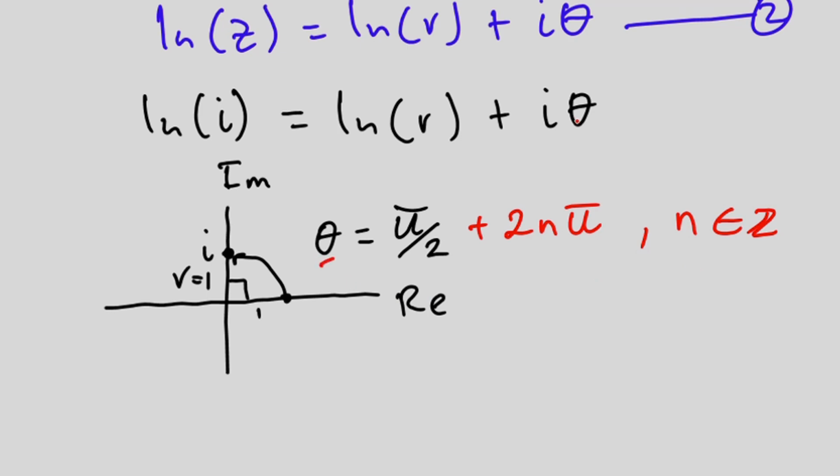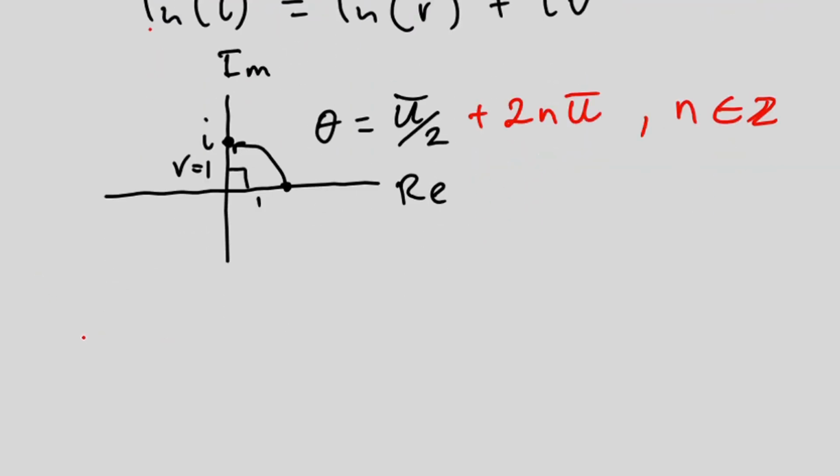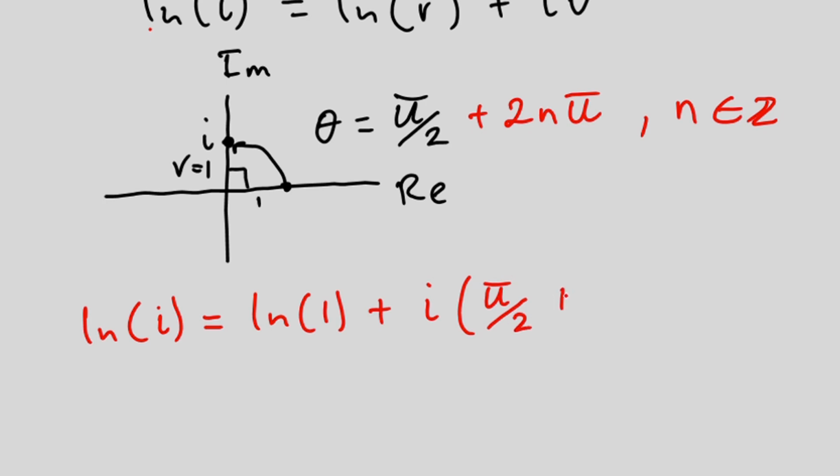So we know what theta is, we know what r is. Let's go ahead and then replace them into this nice equation right here. So we're going to have ln of i is equal to ln of 1 plus i times theta, where theta is pi divided by 2 plus 2n pi.